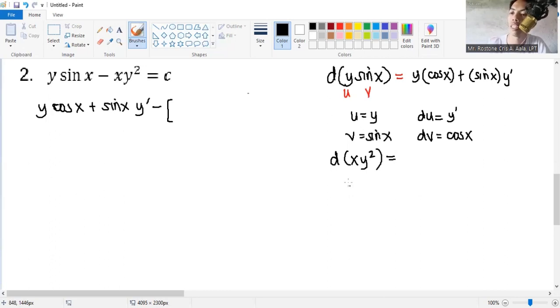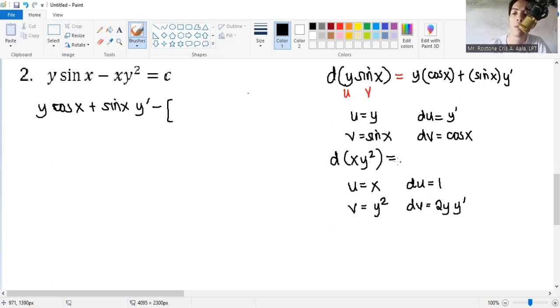So, ang u natin dito ay x at ang v natin ay y squared. So, ang derivative ng u is 1 at ang derivative ng v ay 2y. Pero since with respect to y, ay to x, we need to multiply it by y prime. Kasi with respect to x.